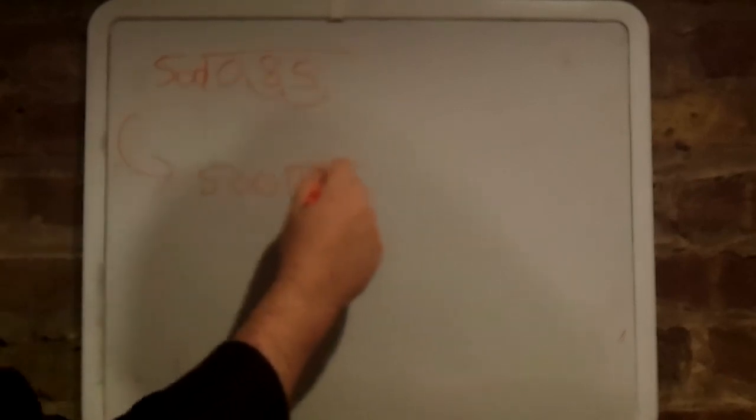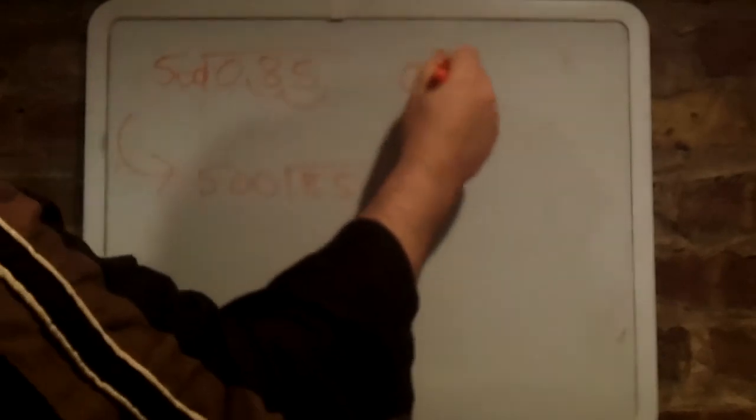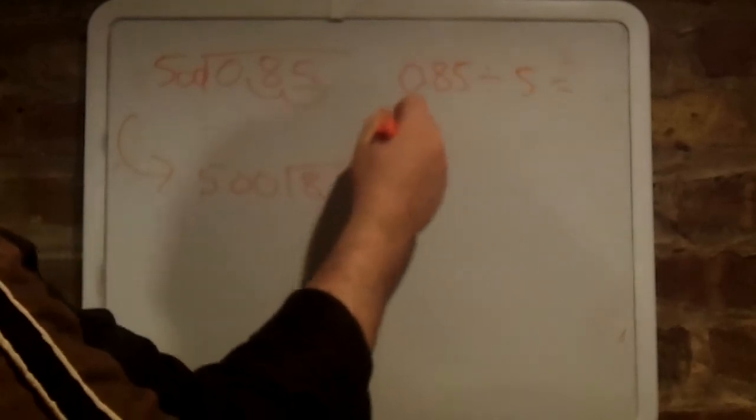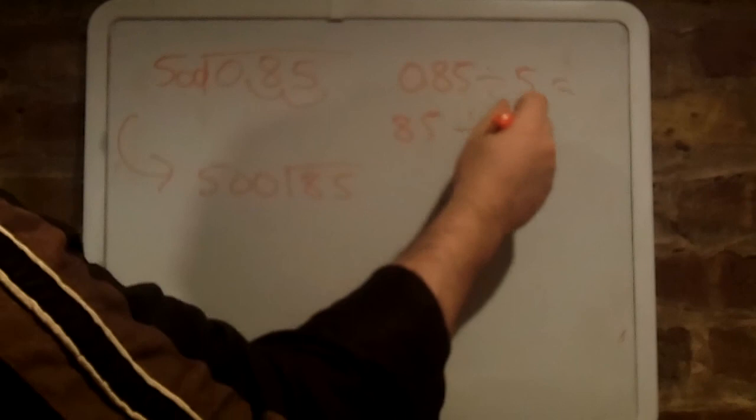So 2 here, and then make this 500. So I would have 500 being divided into 85. So 0.85 divided by 5 is the same as 85 divided by 500.